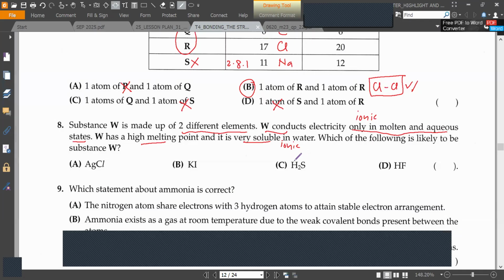Hydrogen and sulfur: non-metal and non-metal, so this is covalent. HF: non-metal, non-metal, so this is covalent. So no.